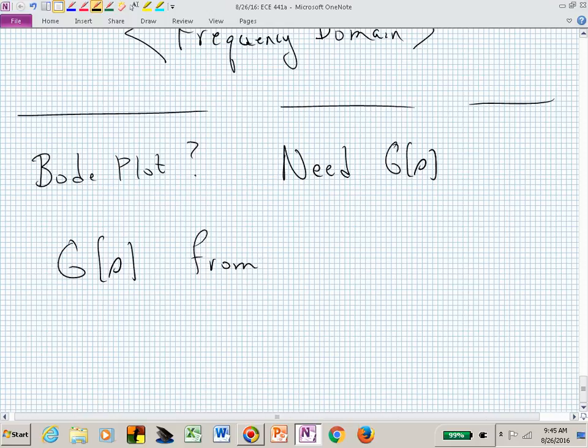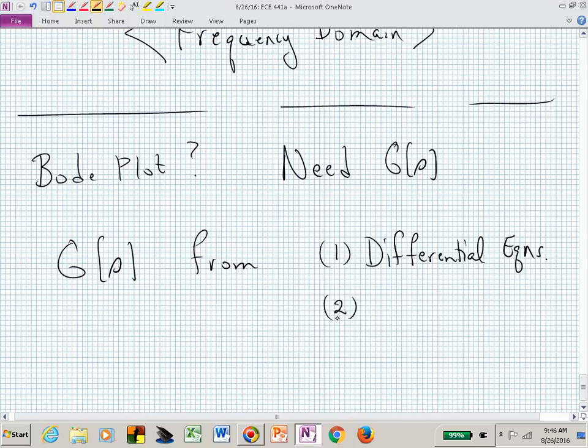We've already found it in one of the first lectures from the differential equation, didn't we? Since it was just a single differential equation, it wasn't coupled, it was pretty easy to Laplace transform the differential equation and find G of s. That was straightforward in this particular system.